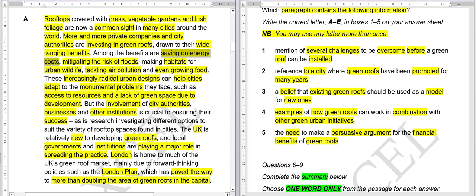These are just listed as benefits. There is no persuasive argument like it will help us to save money because of this. There is no argument given, no reasoning given. So this cannot be our answer.